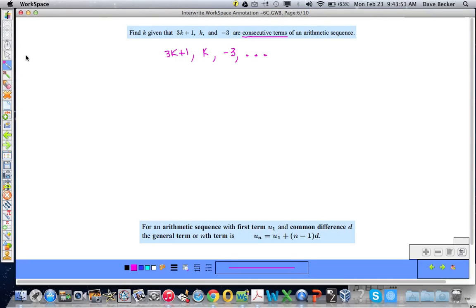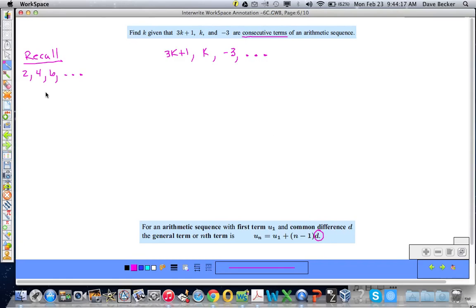Before we start that, I just want us to recall something. Let's make up our own very simple arithmetic sequence, like 2, 4, 6, dot, dot, dot. Well, what makes it an arithmetic sequence? It has the same common difference, d.